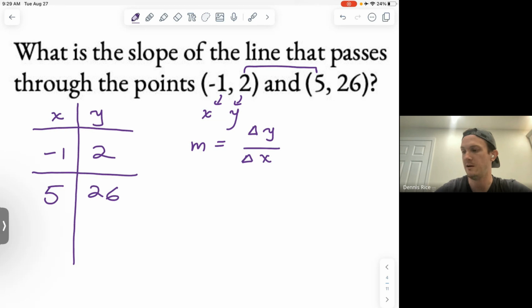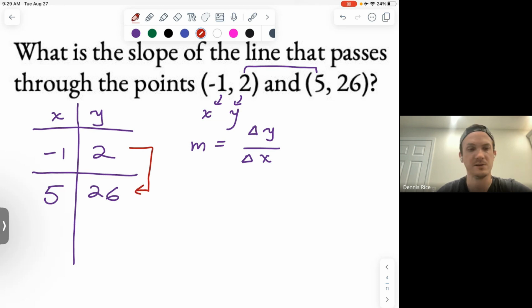So looking at our Y values, this is what I tend to do. Remember earlier I said there's a formula and some people use it, but I think it's more so just looking at numbers and doing some arithmetic. You don't have to think of it as, hey, let me plug into this formula. How much are the Y values changing here? We're going from 2 to 26. Let's look top to bottom.